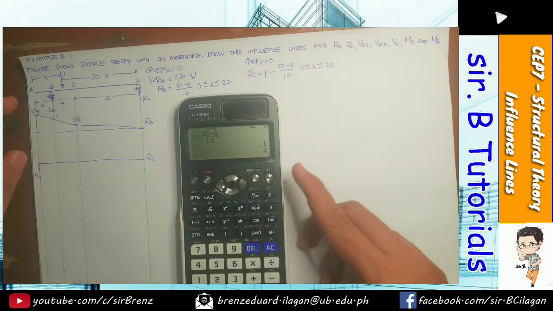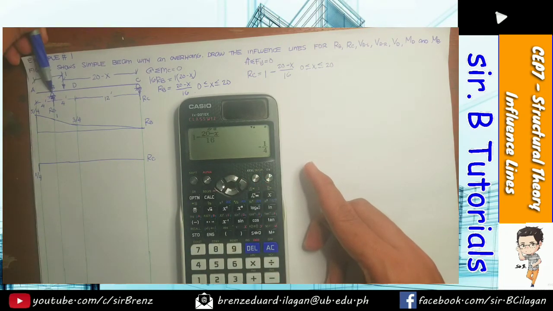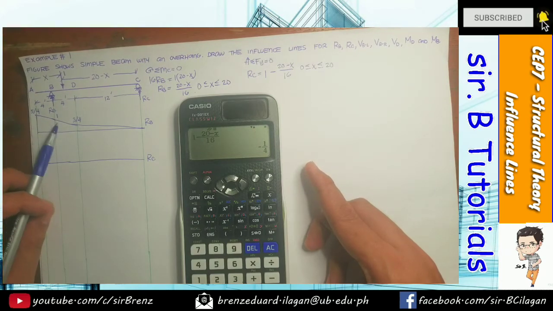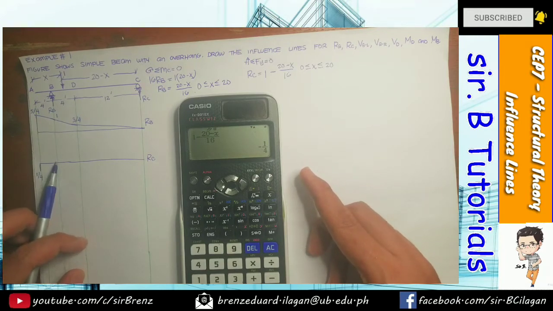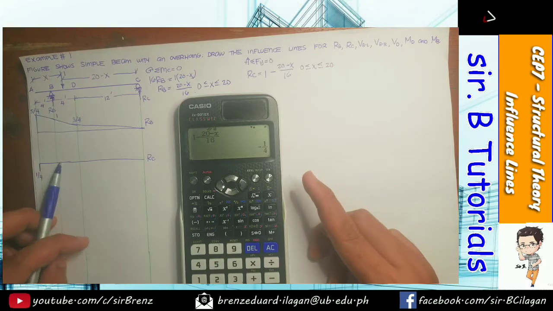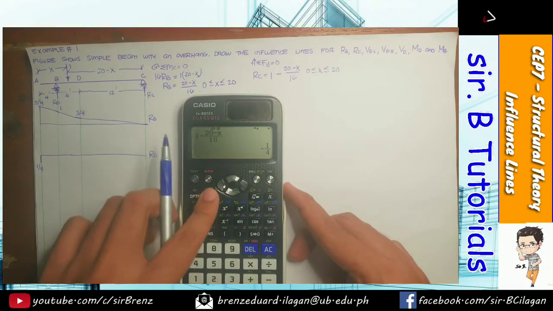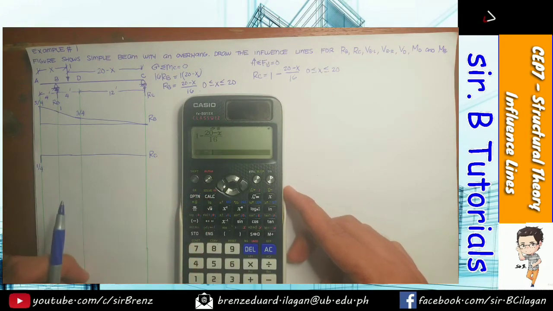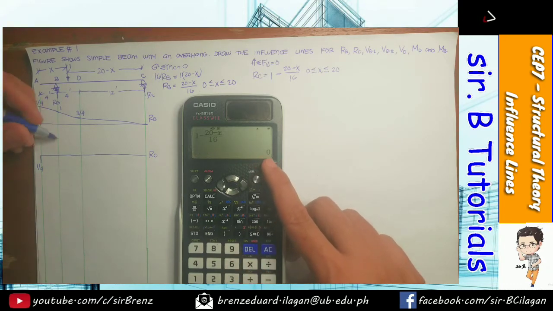Ayan, check natin. So, paano naman kapag yung 1 unit load mo is nandito directly above dun sa RB? So, dito nga 1 na sa RB. So, ibig sabihin, ang value ng RC mo dito, since yung RB ang nagkakarga lahat ng 1 unit load mo, is equal saan? Tama, 0. So, i-check natin. Okay, so 0.